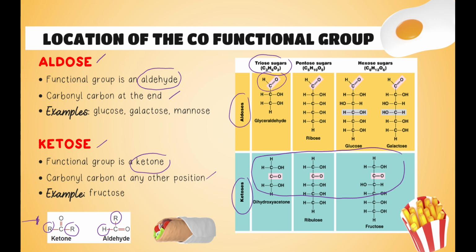Because only one atom or molecule can be added to our functional group. And that is why, for your triose, glyceraldehyde is composed of your aldehyde group, as you can tell from the name, while here in your ketone group, we have your dihydroxyacetone. So that is it for the location of your carbon-oxygen functional group.